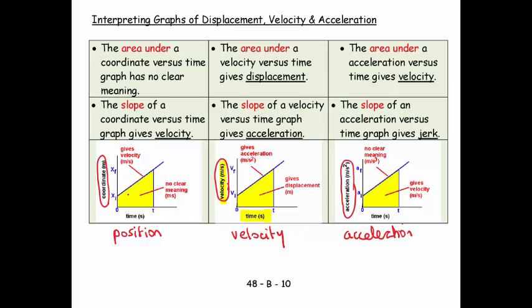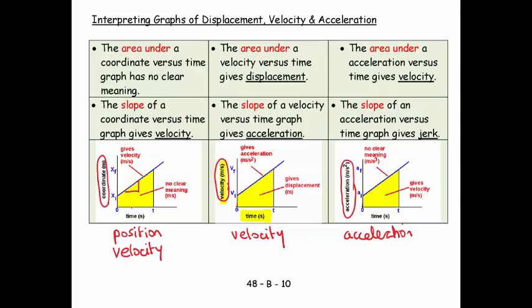The next question is, well, what does the slope represent? And the way you get that is you ask yourself what the units are. If I have a rise over run, well, in this case, the units for the rise would be in meters, and the units for the run would be in seconds. Meters per second, it's a velocity.